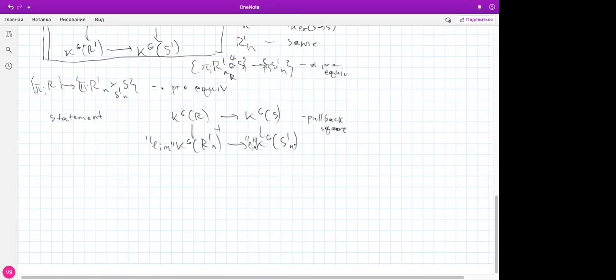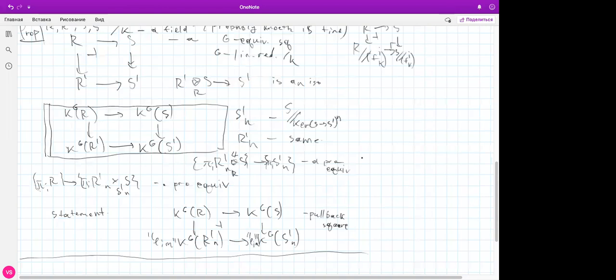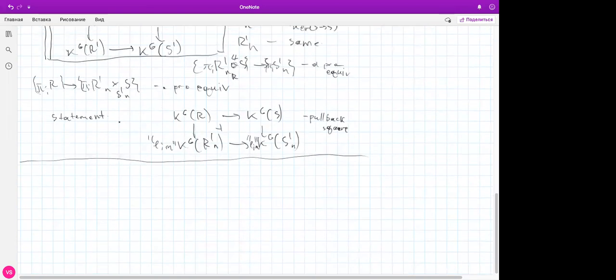Anyway, let's move forward. So yeah, this is what we want to prove. And if we remove G from the context, this has already been proved in the paper of Tamme on the K-theory of pullbacks.